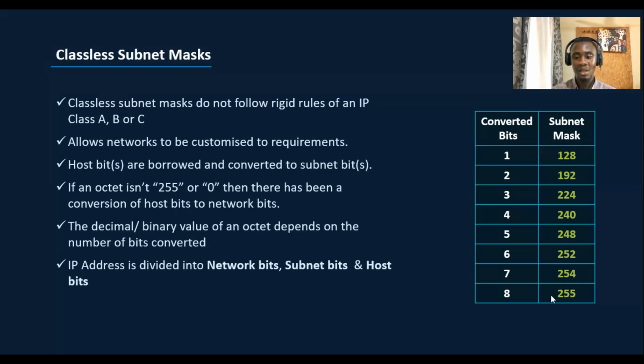We are quite familiar with 8 because we have 8 combinations of ones giving us 255. But you may have an octet being 254, 252, 248, and as follows. So you should know that if you have these values, you can use this chart to identify how many bits were converted.